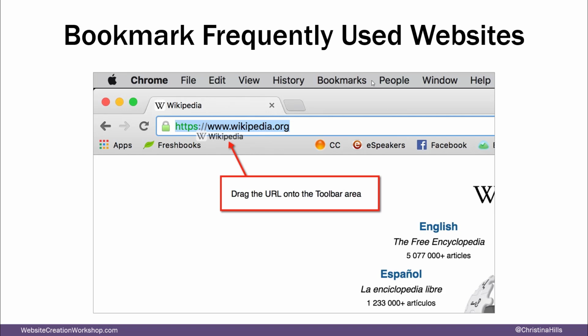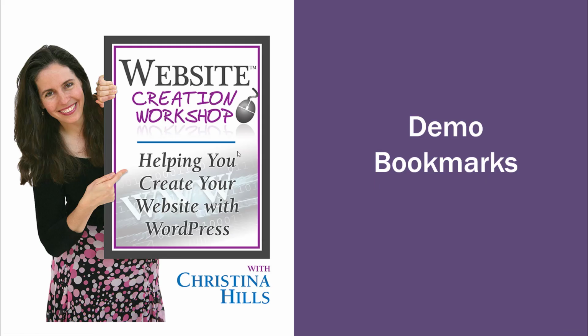So the way it works is if there's a site you go to all the time, you can see on my screen, here's a screenshot of Wikipedia, and you drag it down to your toolbars area. So now I'm going to demo bookmarks.